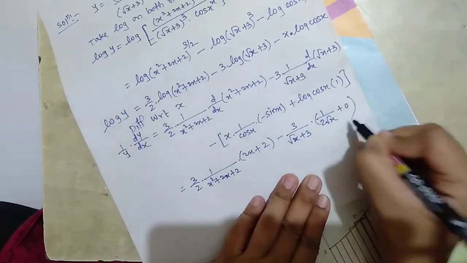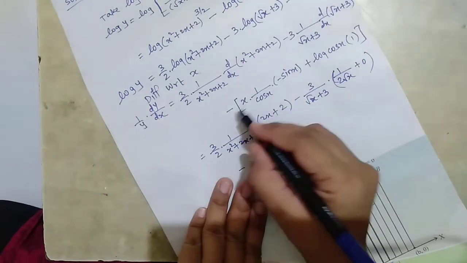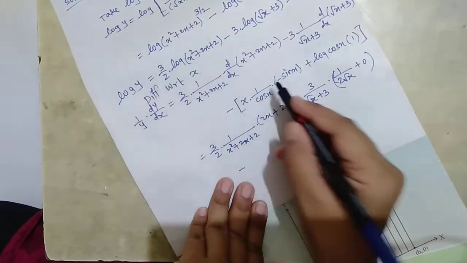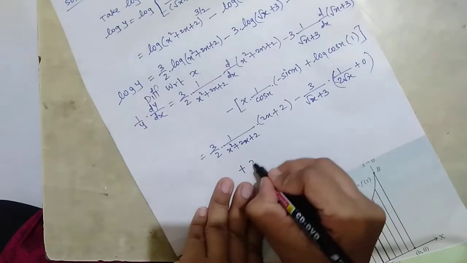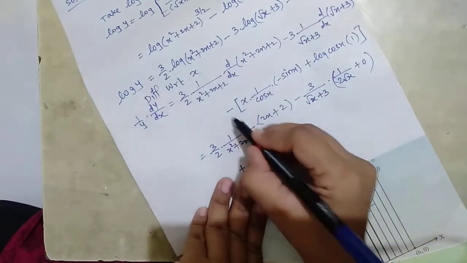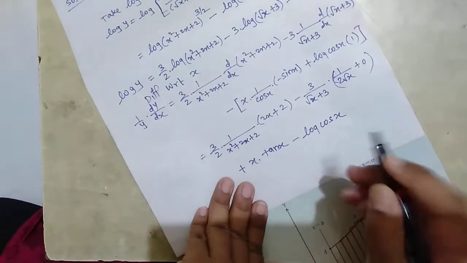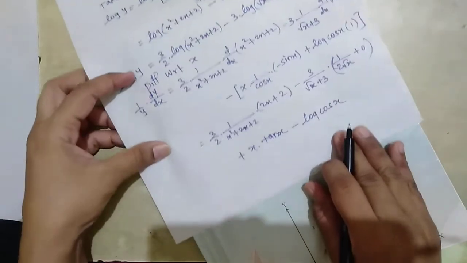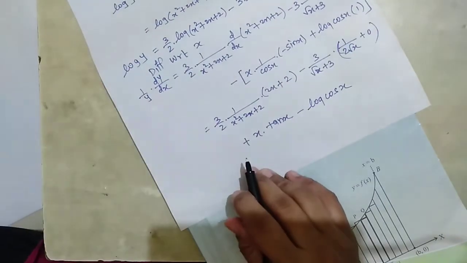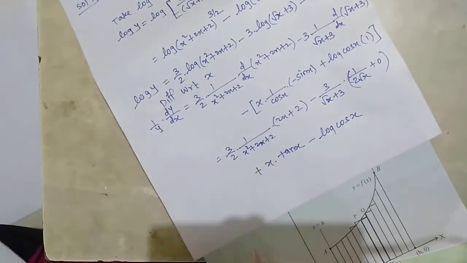Derivative of a constant is 0. Minus, see, I am applying this minus sign inside the bracket, so minus of minus will become plus x into sin x upon cos x, which is tan x, minus log of cos x. Okay, so this is the value of 1 upon y into dy by dx.